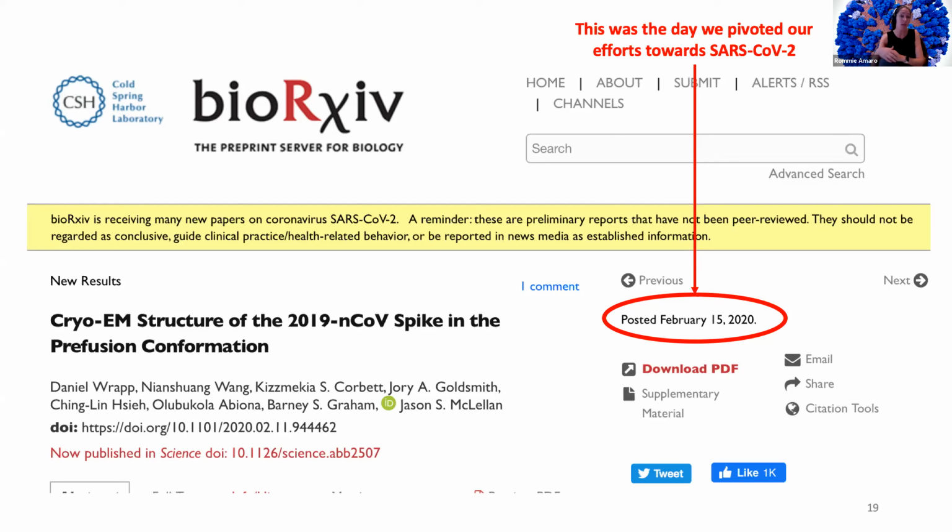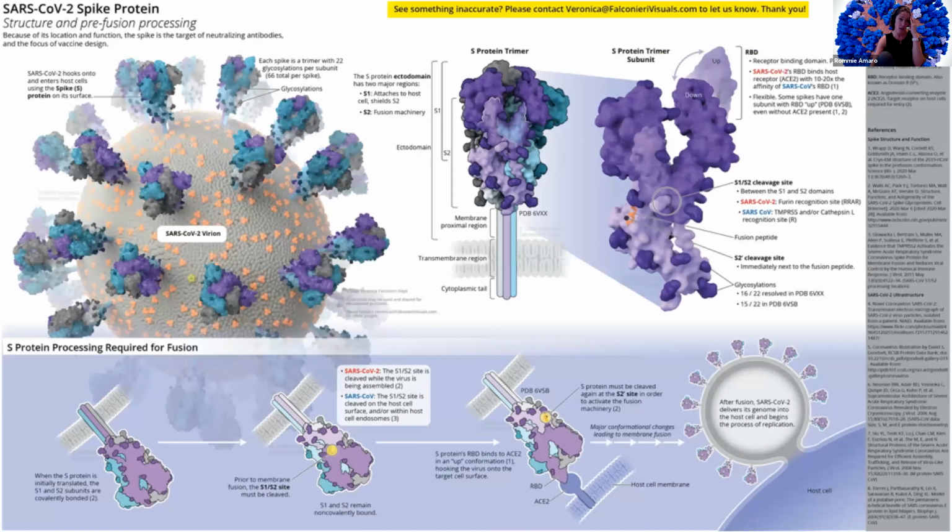Until this paper came out, everything was just homology modeling, which is like, we know something kind of similar about a related protein, but we don't actually have the data for the particular one. So this was a phase change for our field in terms of how we could begin to explore and interact with these systems.